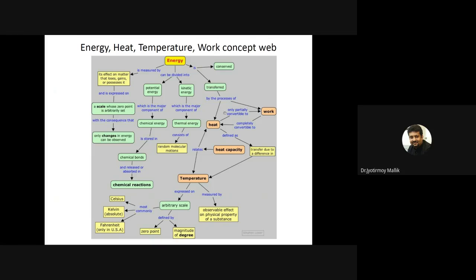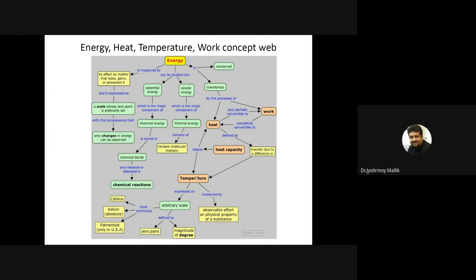Now, heat is only partially convertible to work. For example, if you want to use heat energy to do some work, you can only partially convert it. But work can be completely converted into heat. I'm sure you have read about this in your high school physics. Heat is defined as transfer due to a difference in temperature.